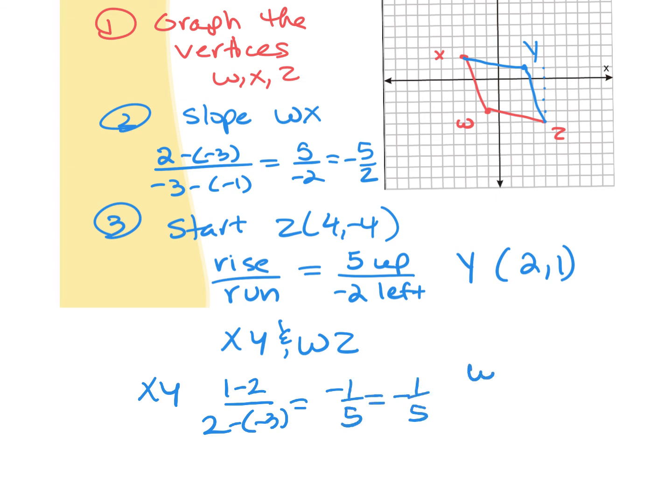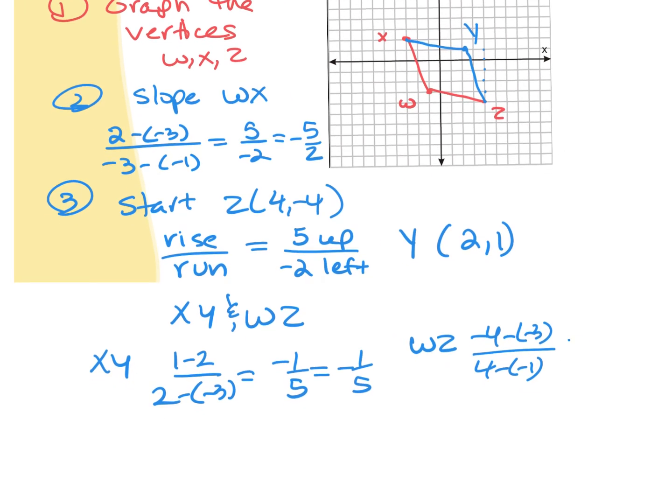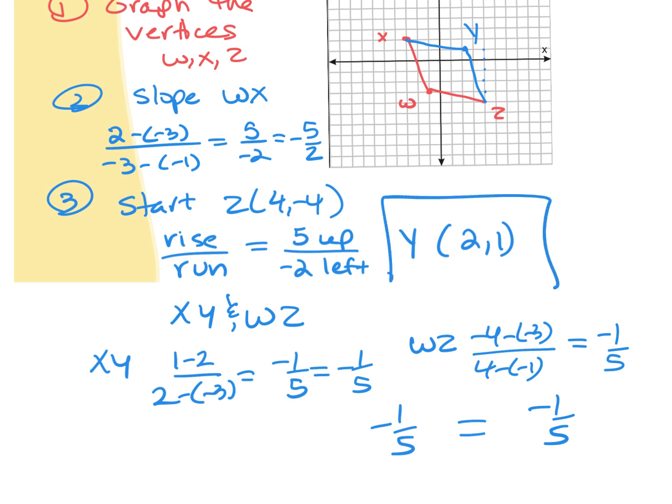And then the slope of WZ, -4 minus -3 over 4 minus -1, gives me -1/5. Because the slopes are equal, I did get the correct coordinate for Y, and it's the ordered pair 2, 1. Because I have 2 pairs of parallel sides, this is a parallelogram, and I did find point Y correctly.